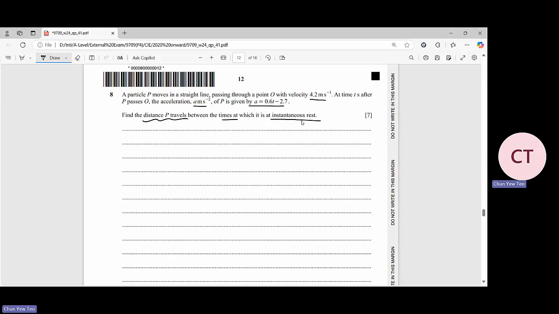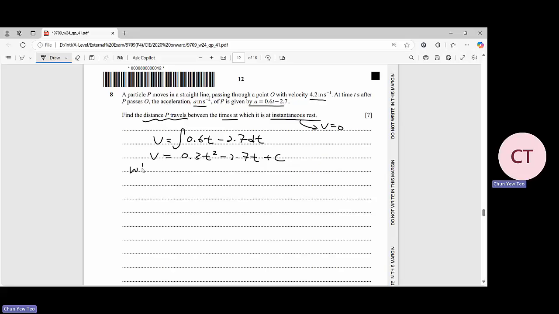So instantaneous rest means the velocity is 0. In order to find the time, we need to have a velocity first. And to get velocity, we need to integrate the acceleration. If you integrate the acceleration, you will get 0.3t squared minus 2.7t plus c.